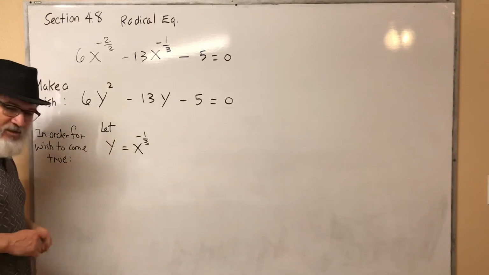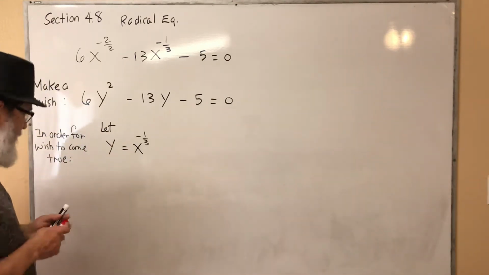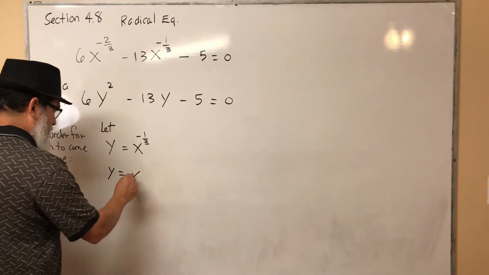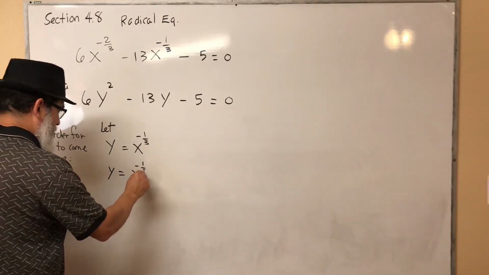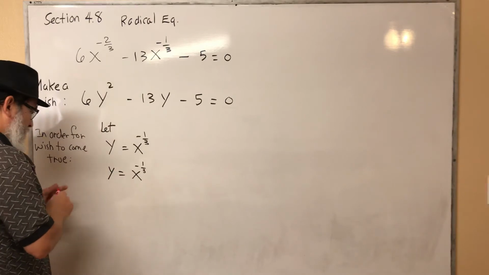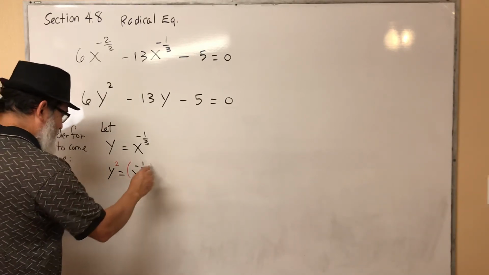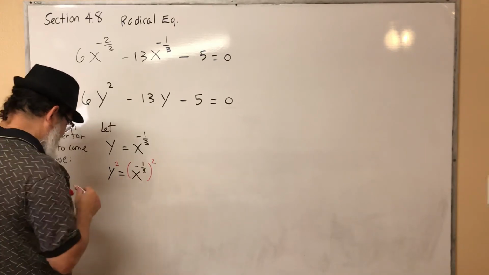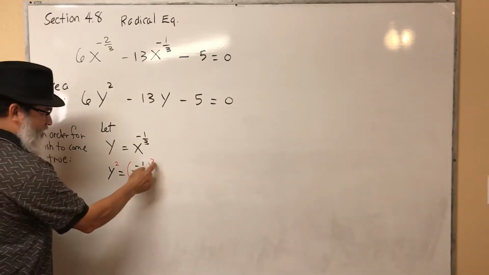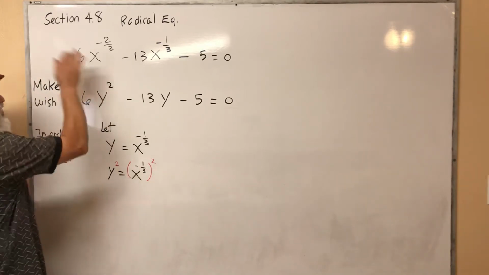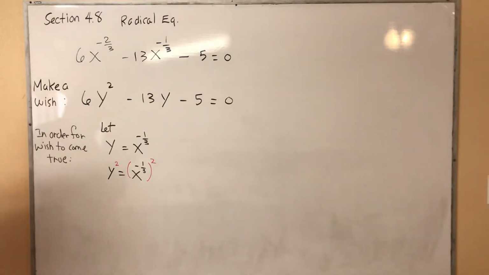So square this. And square this. When you multiply 2 times negative 1/3, you get negative 2/3. So you're in business. Good.